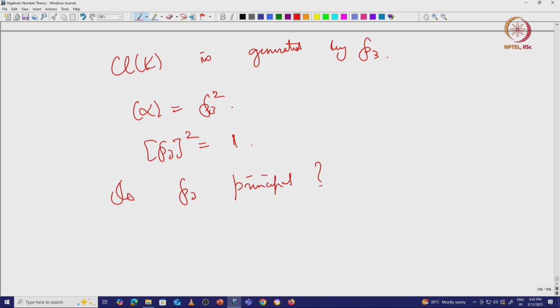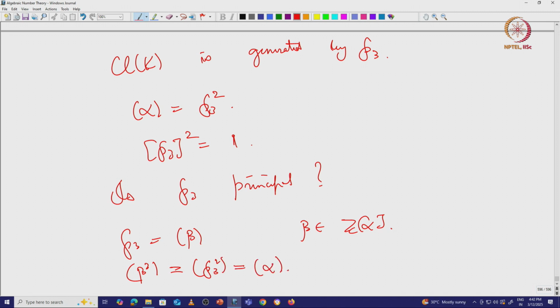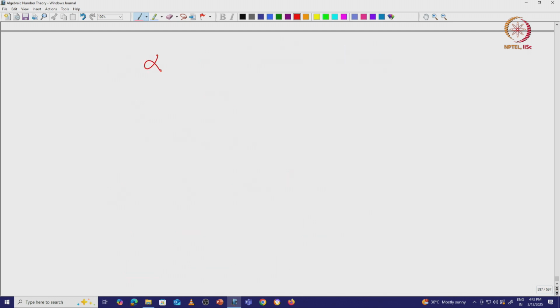Let us say P3 is generated by some beta in Z alpha. Then we get beta square is the ideal generated by P3 square, which is also generated by alpha. And so, we get that alpha times u is beta square for some u in OK cross.